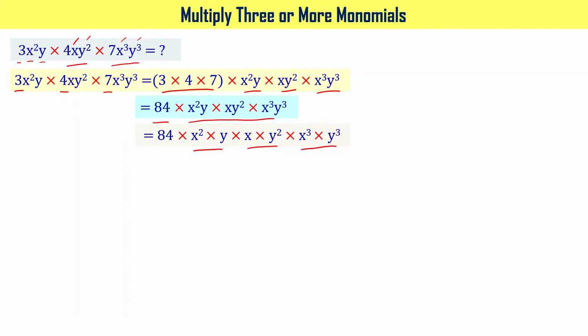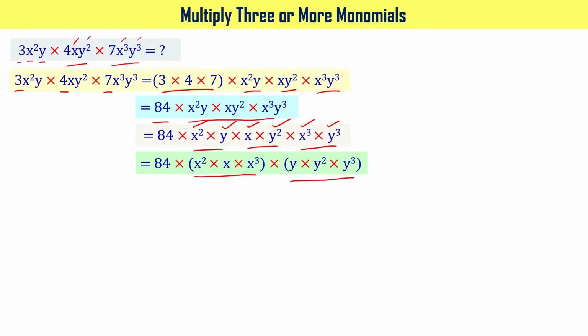Now I can arrange the terms containing x in one place and later the terms containing y, right? Let's do that now. I can write it as x square times x cube, that is written here. Then y square and y cube, those terms are here, right? And as we have seen earlier, since all these are having base x, what we would be doing is summing the powers. 2 plus 1 plus 3.